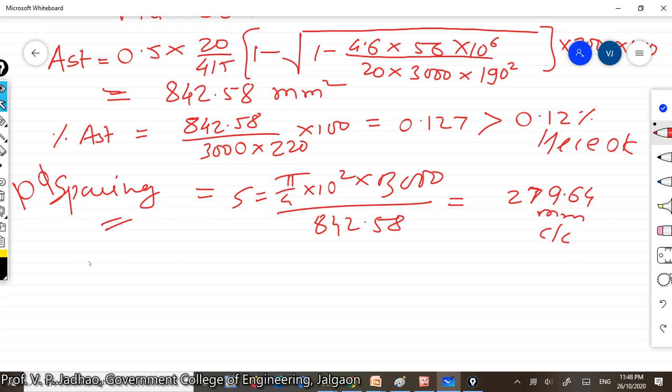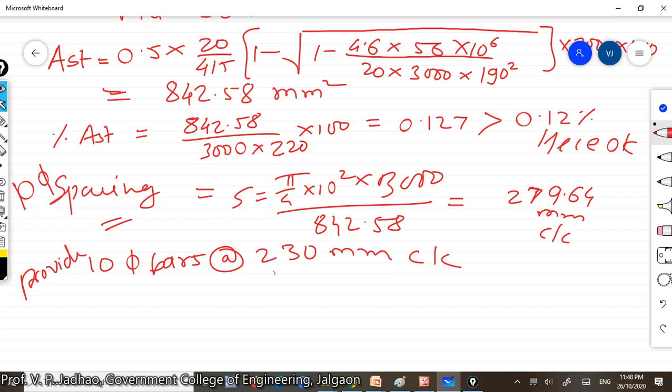Let us provide 10 phi bars at 230 mm center to center in this portion also. So this is how AST is calculated.